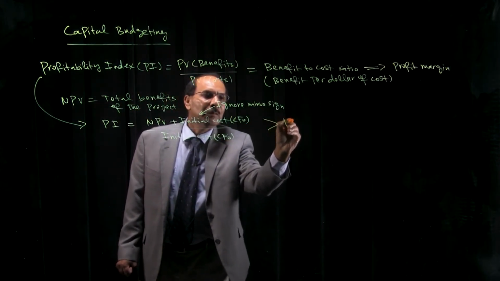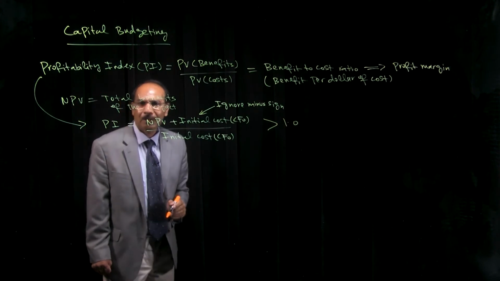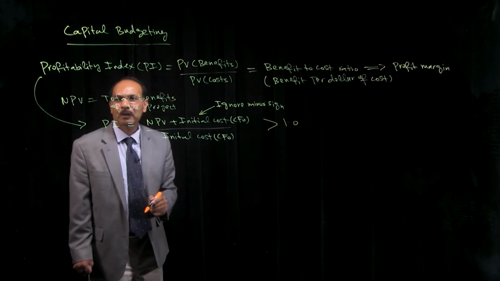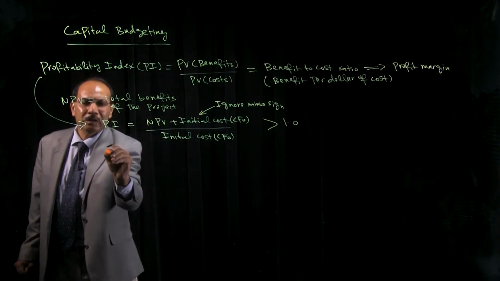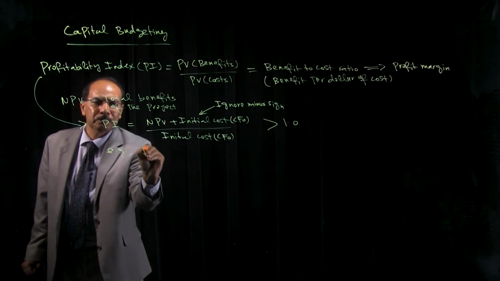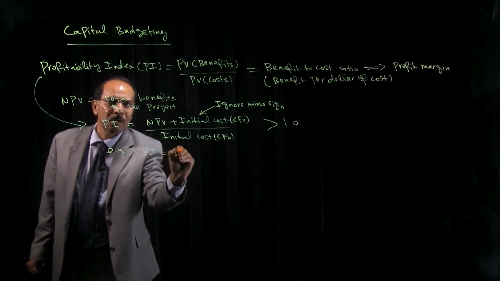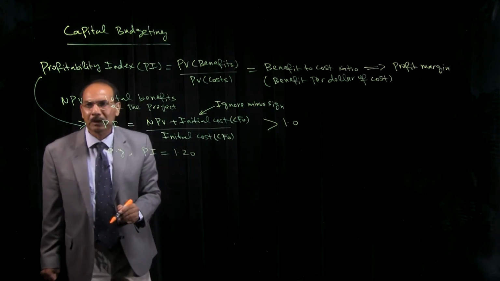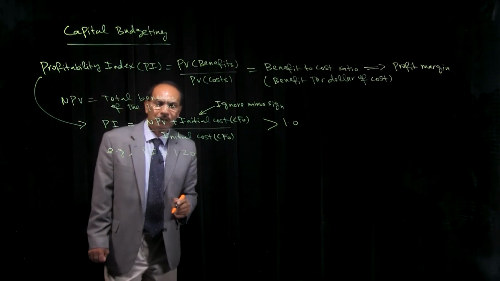And then what is the minimum we are going to be looking for? A profitability index of higher than 1. So for instance, let's say we calculate the PI, it came out to be 1.20.